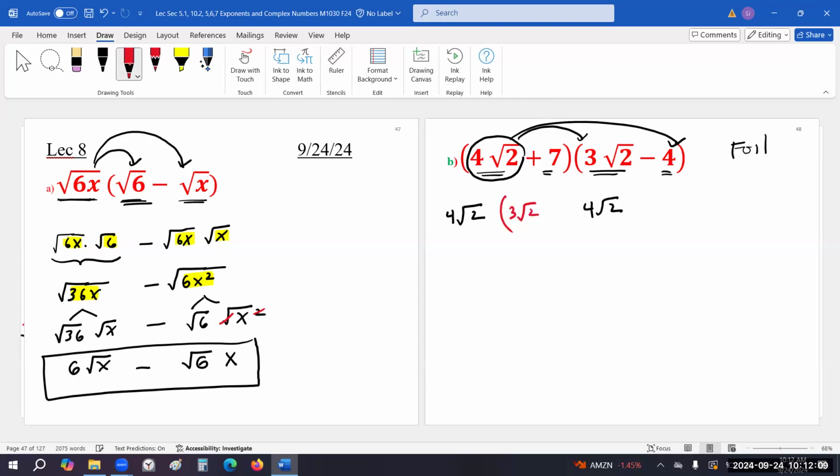First term is 3 square root of 2, second term is -4. Take one term from the first factor, multiply every term in the second factor. So our first term in the first factor is 4 square root of 2. We are multiplying 3 square root of 2, and then we have the minus in front of 4. So we have minus 4 square root of 2 times the 4.